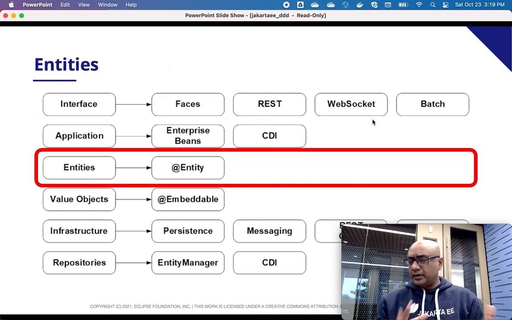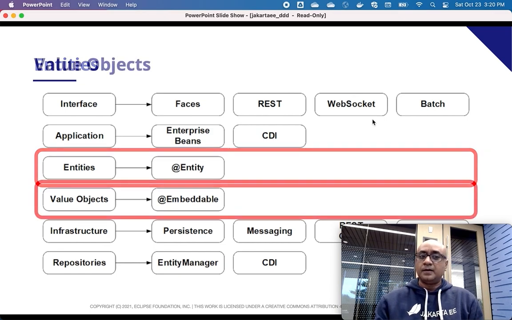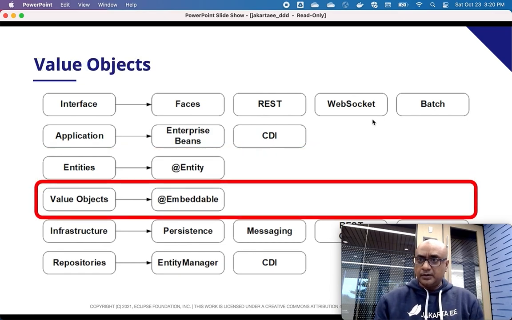Entities usually have a pretty clean mapping to Jakarta EE. Entities are typically JPA entities, almost a direct mapping. So it models both state and behavior, and we'll see that in the application also. Again, value objects have a pretty clean mapping as well. They tend to be embeddable objects.